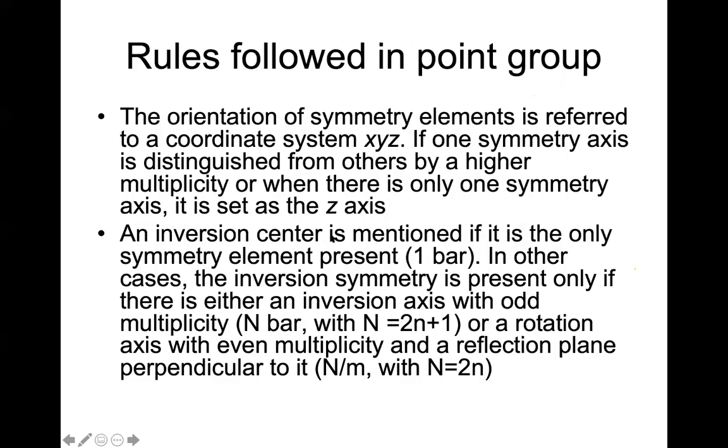An inversion center is mentioned if it is the only symmetry element present, that is 1 bar in triclinic. In other cases, the inversion symmetry is present only if there is either an inversion axis with odd multiplicity, like 3 bar, or a rotation axis with even multiplicity and a reflection perpendicular to it, for example n/m with n equal to 2n.